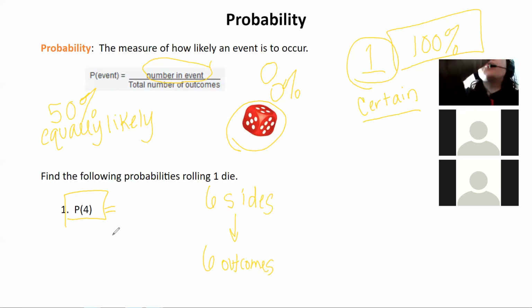Only one side. Good job, guys. So there are 6 sides total, so the probability of rolling a 4 is 1 out of 6. Now, usually for probability they just want a fraction, but how could I turn that into a percentage if I wanted?